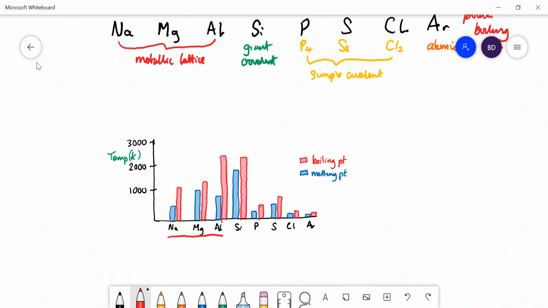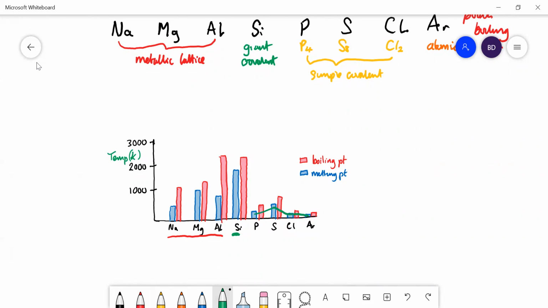We won't worry too much about the boiling points, as they follow the same trend. Silicon has the highest melting point of all because it's giant covalent, so you've got to break covalent bonds. Then we get this funny pattern with phosphorus, sulfur, chlorine, argon. It goes up, then down, then down again. We've got to explain that trend.